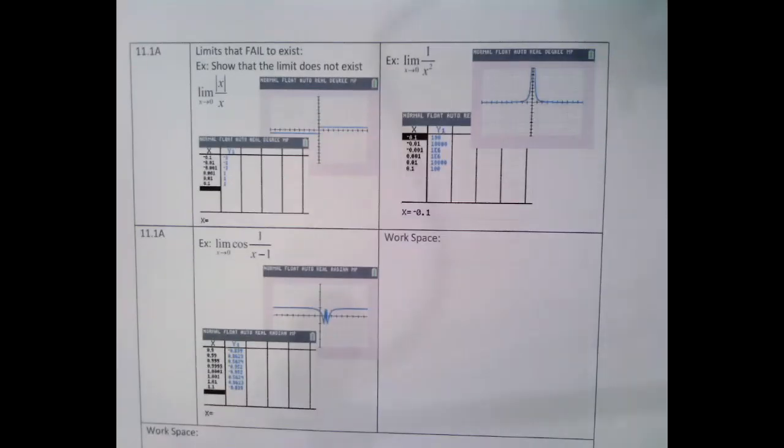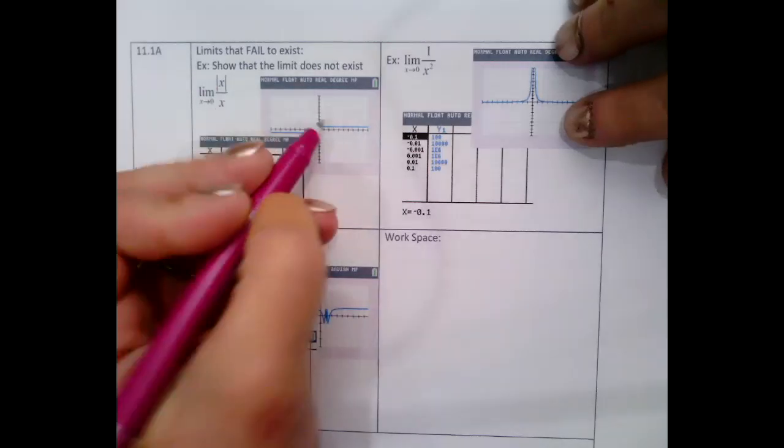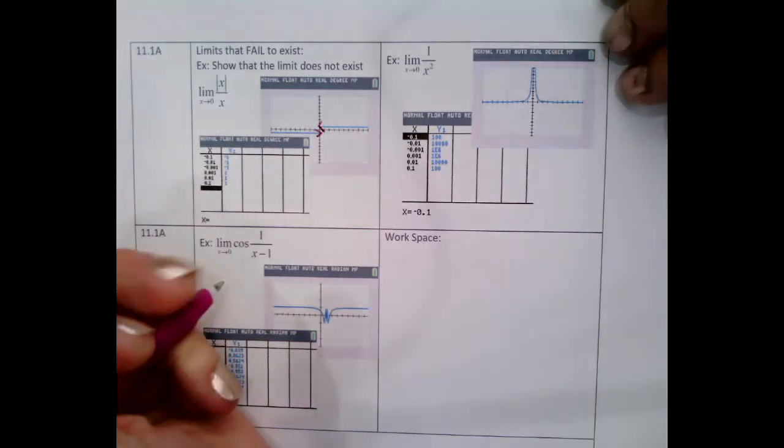Let's take a look at a couple others. All right, so this next one here, these are limits that fail to exist. So this one right here, if you graph this on your calculator, you get something that looks like this. So this side approaches from there, and this side approaches from there.